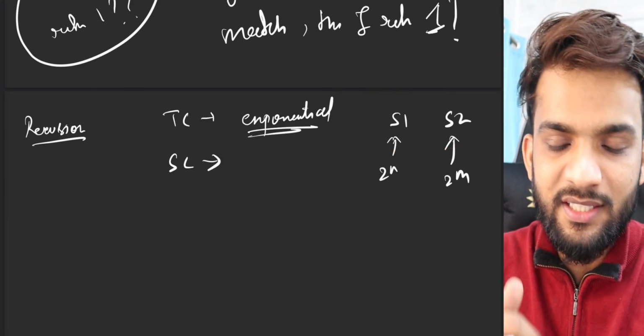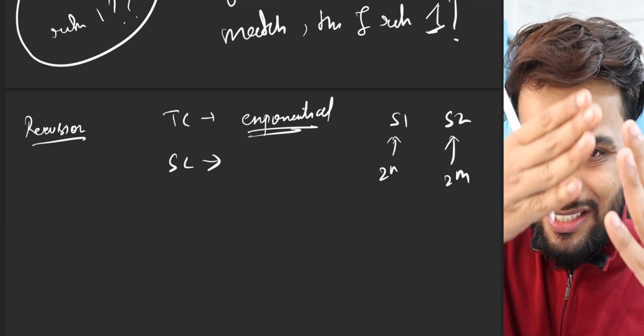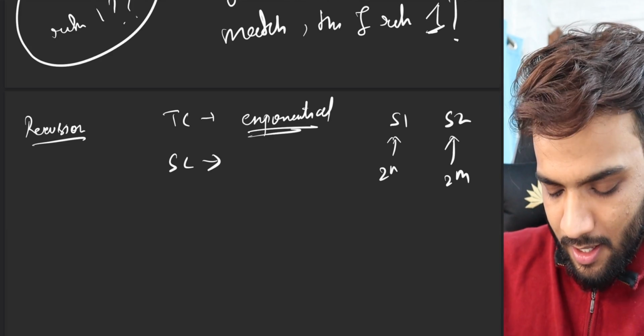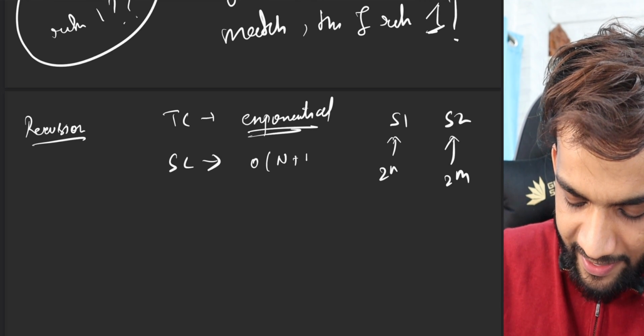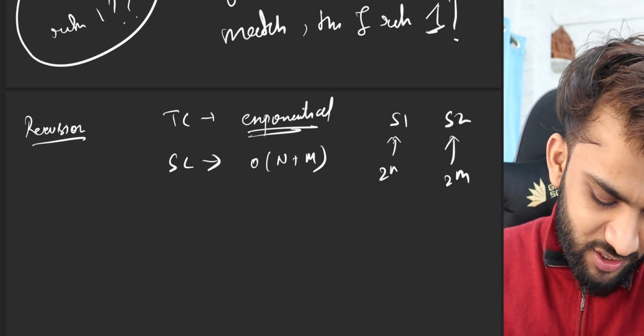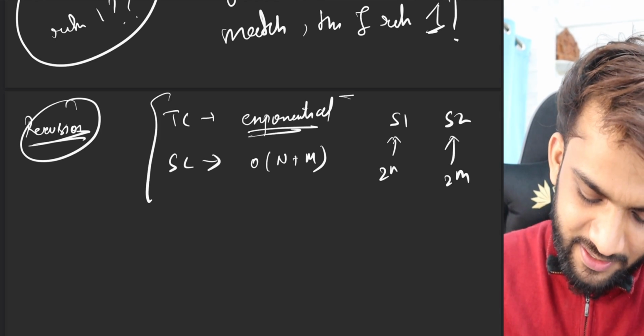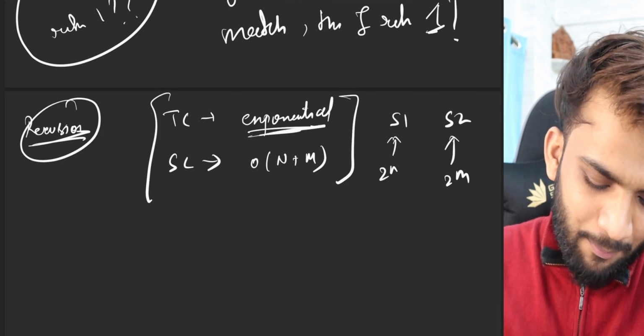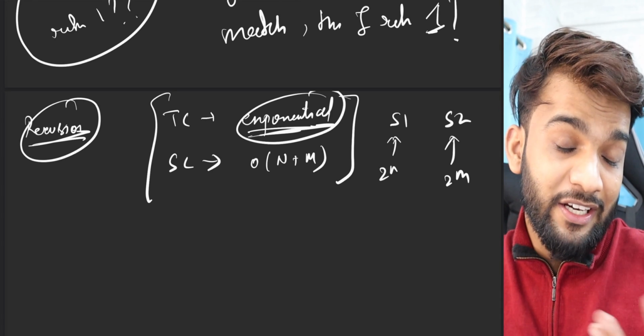And the space complexity, if you're trying to go the auxiliary stack space way, it will be O of n plus m, assuming you do simultaneous matches. So obviously the time complexity and space complexity is something which I'm not super happy with. I need to do it better.